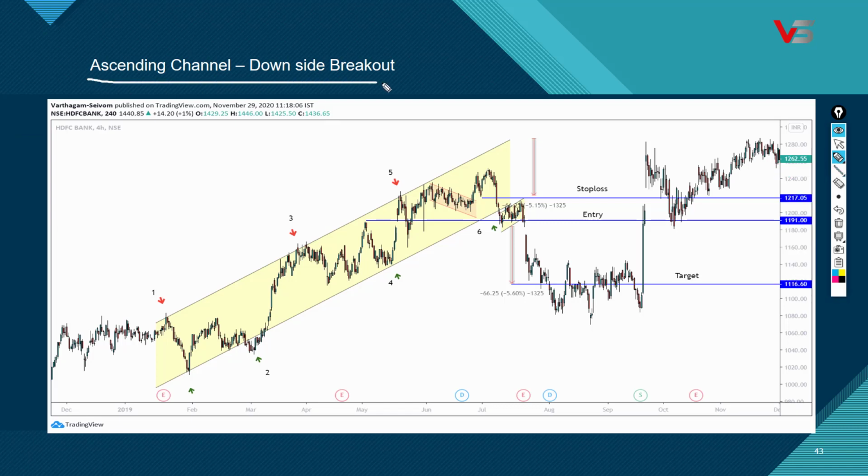This is the diagram of an ascending channel, downside breakout. See, these are the higher highs and these are the higher lows. In this example I have marked 1, 2, 3, 4 and 5 and then 6.